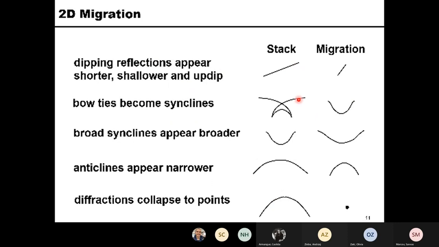So what migration is for, I just repeat. For migration processing, you try to convert this dipping reflection into a reflector, which is much shorter in terms of length, but in terms of dipping angle, it's much steeper, right?